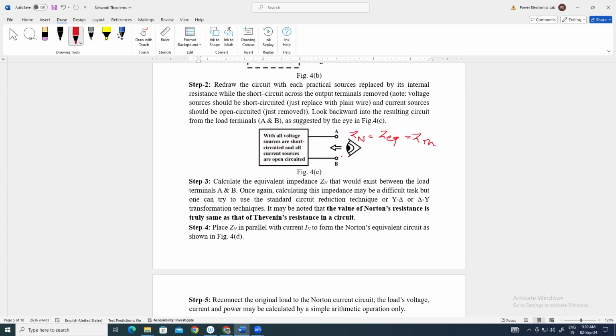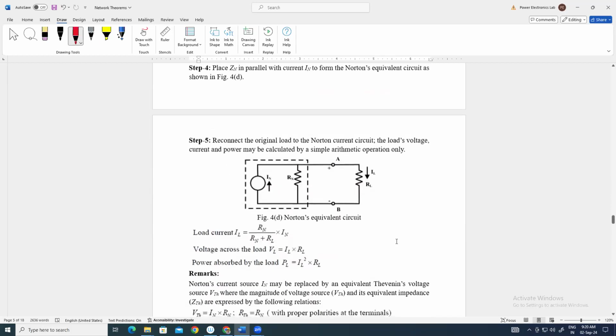So we will eliminate all independent sources, meaning voltage sources will be short circuited and current sources will be open circuited. If there are any dependent sources, they will remain as they are.